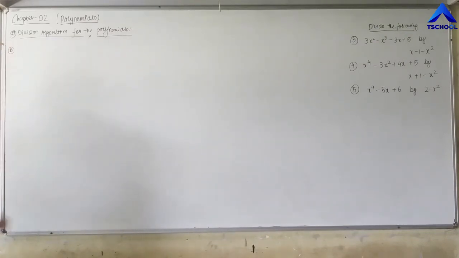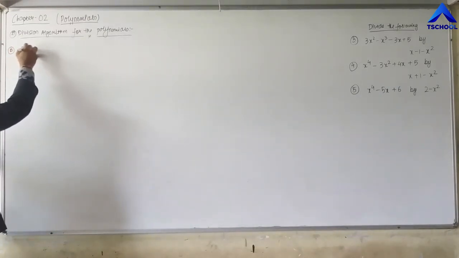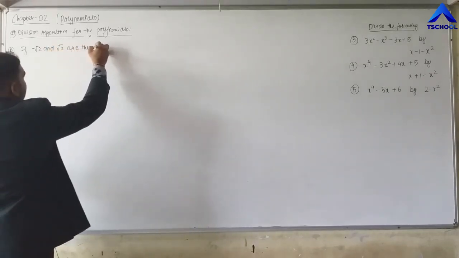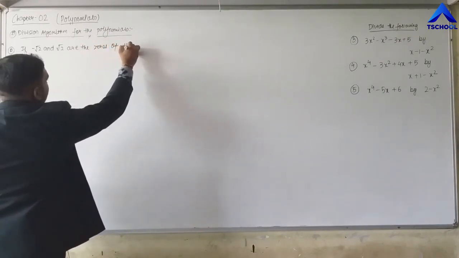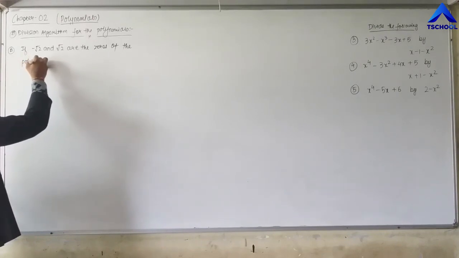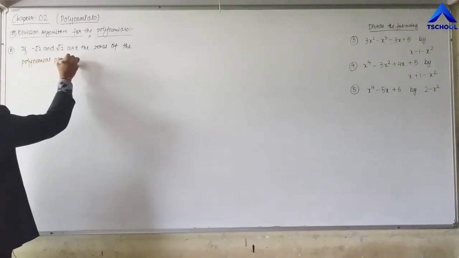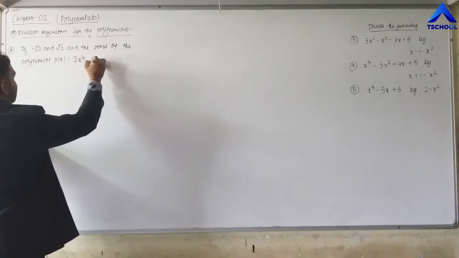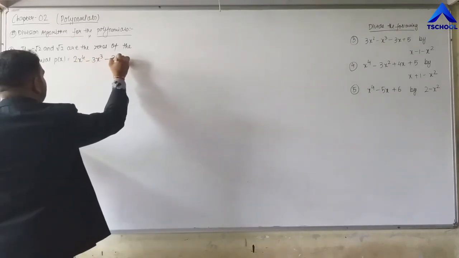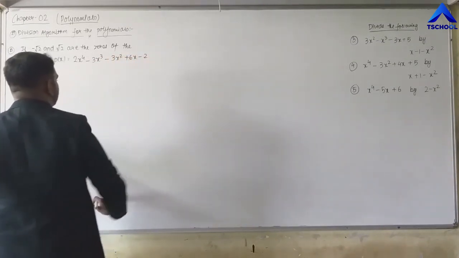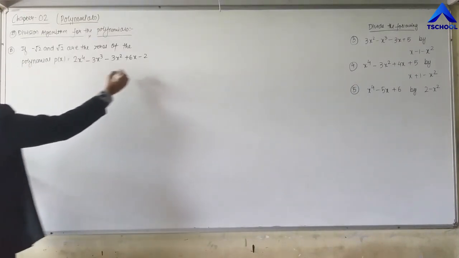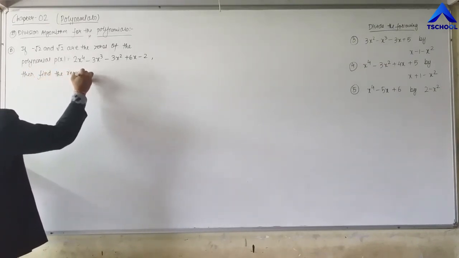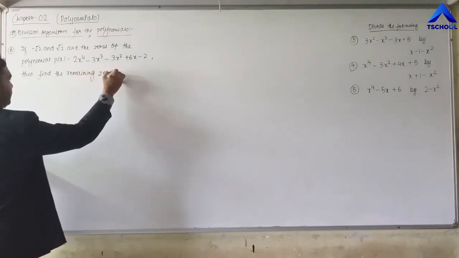The example given to you is: if minus root 2 and root 2 are the zeros of the polynomial p of x equals 2x raised to 4 minus 3x cubed minus 3x squared plus 6x minus 2, then find the remaining zeros.